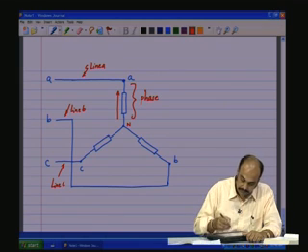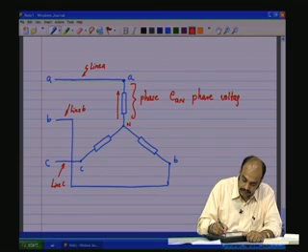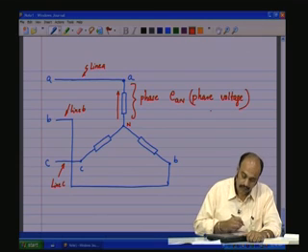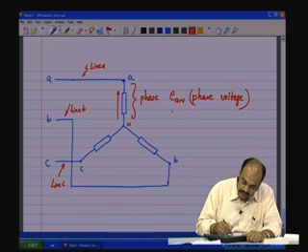The voltage across A and N is called the phase voltage. Likewise, the voltage across B and N is called the phase voltage EBN, and the voltage between C and N is called the phase voltage ECN. These are all phase voltages.